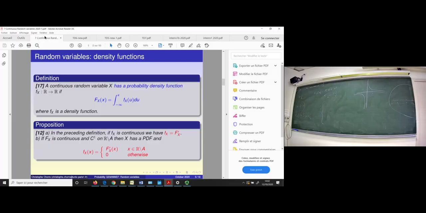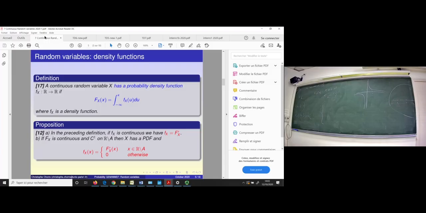No, this one is okay. But I said that you have to be careful concerning this one. It's this inequality where you may have a problem if you don't consider cases.